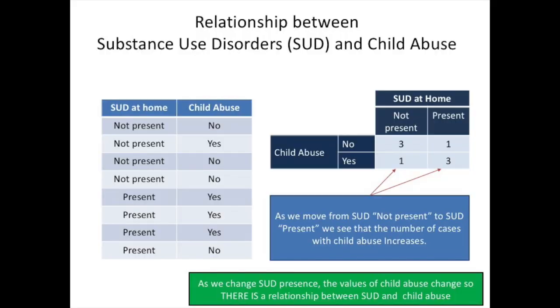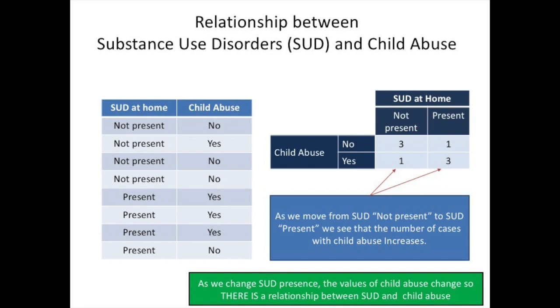Now, going back to our example of substance use disorders present at home and an occurrence of child abuse, and this is the same table as before. We may see that when substance use disorders are not present, the outcome of child abuse tends to be no. 3 no, 1 yes.